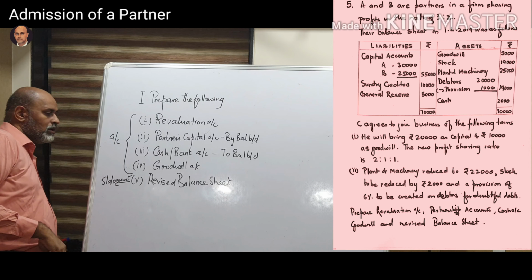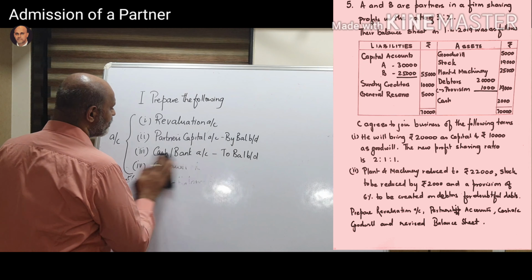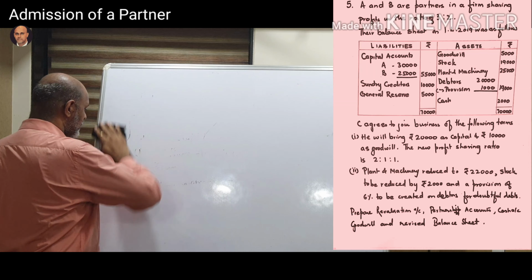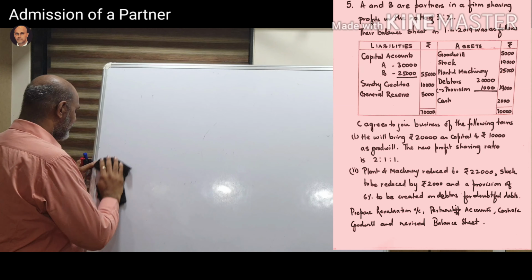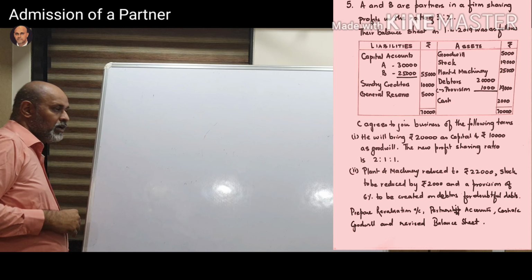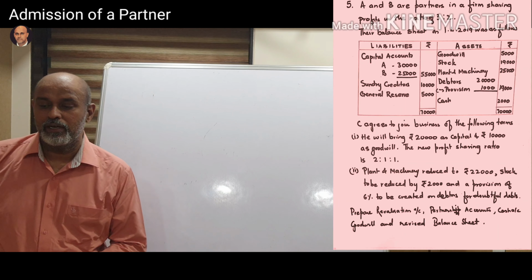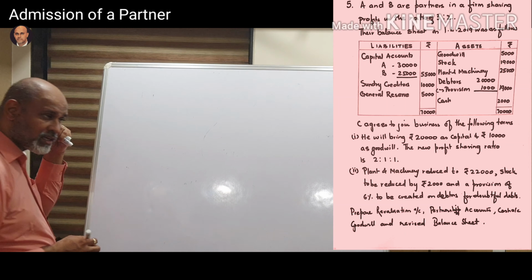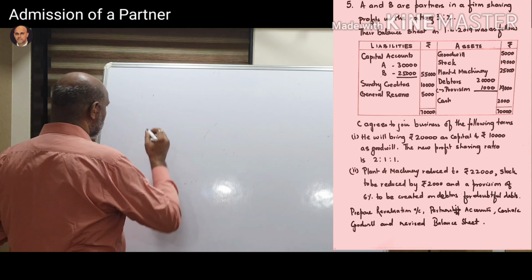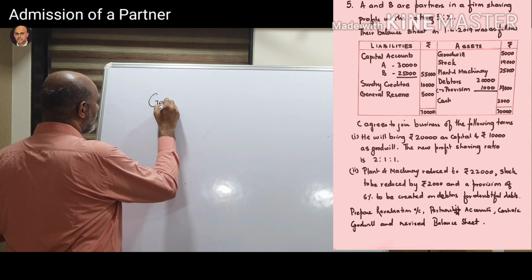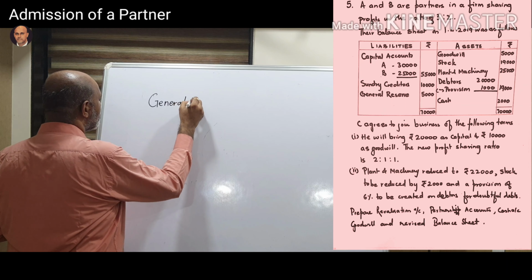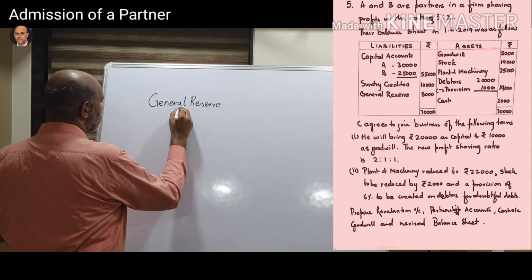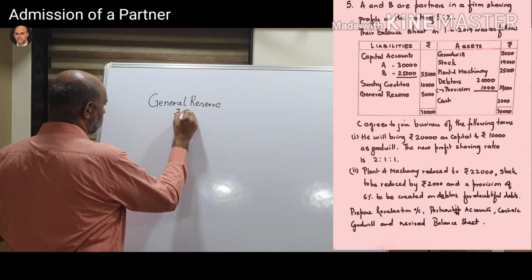Next, let's see if there is anything else which is to be put from the balance sheet. Yes, we can see the general reserve. General reserve has to be distributed amongst the old partners. The general reserve which is given in the sum is rupees 5,000.